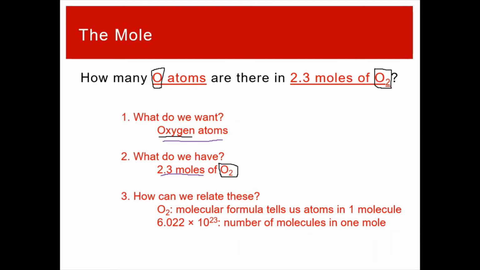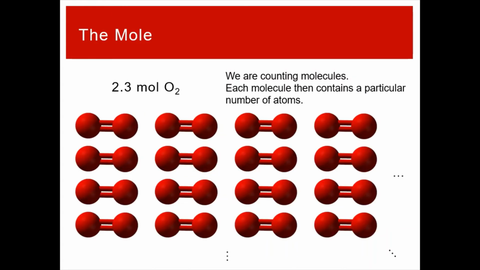Before we work it out, let's take a look graphically. I mentioned this earlier. This is a tricky thing. When we're dealing with moles of O2, we are counting these molecules. You're counting whatever that formula is, O2 molecules. But when we're asked for atoms, that's a different thing that we're counting. It would look like that and that.